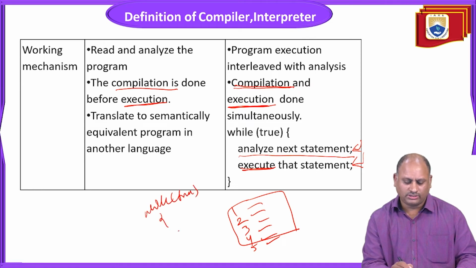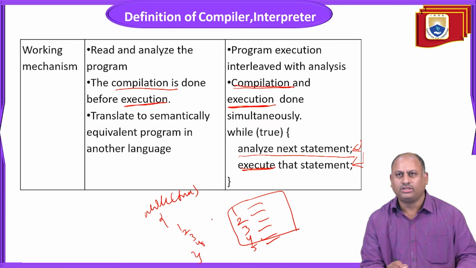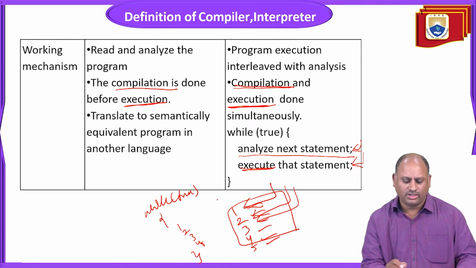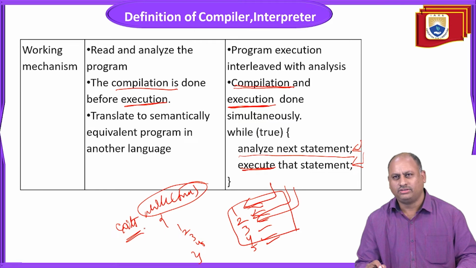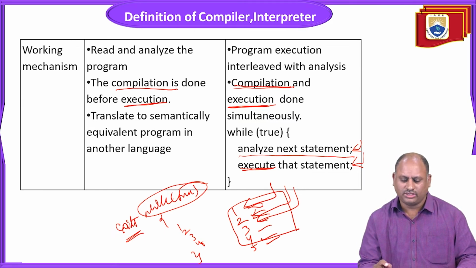While true, the list of statements 1 2 3 4 5 is inside the loop. Each step is carried out with analysis and then execution, then the second statement, then the third, until all the statements are completed. Then the while loop exits, the program statements are completed, and the results are displayed.